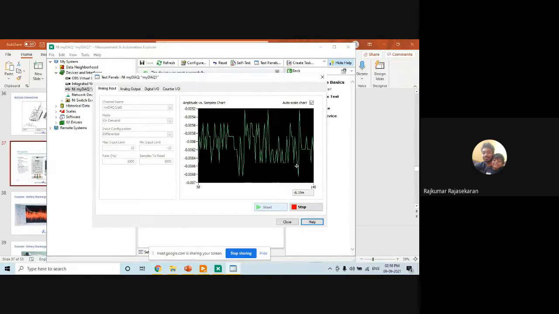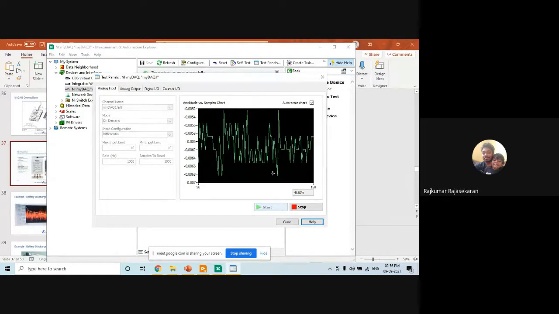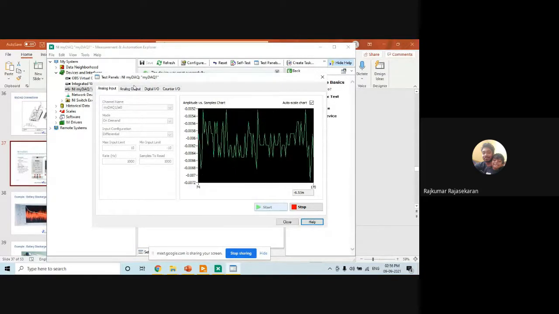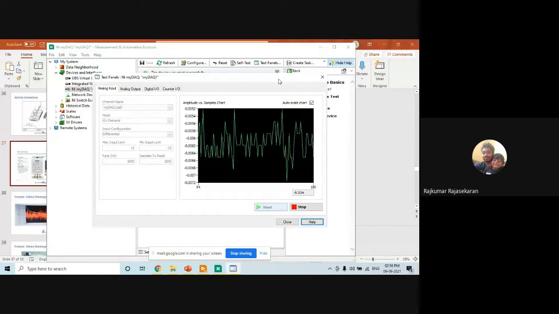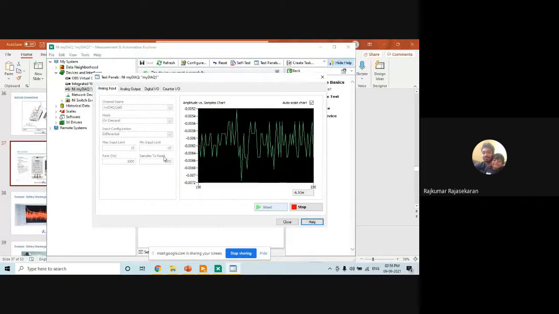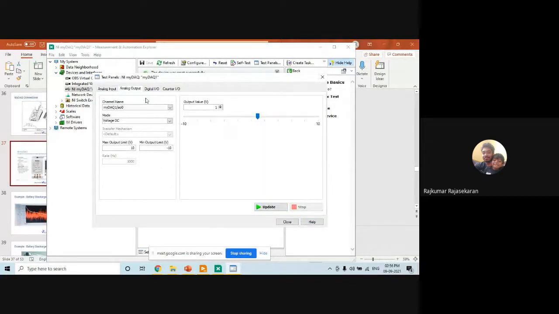Now we have connected the hardware. We have also made the connections of analog output to analog input, meaning we can generate from analog output and measure it at the analog input. We just connected AO0 and AI0 together. Now I'll go to AO0, sorry.